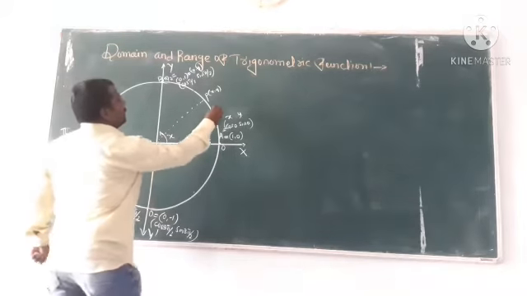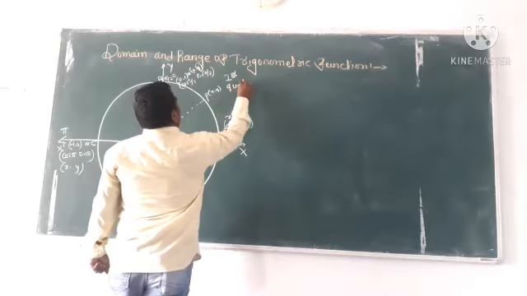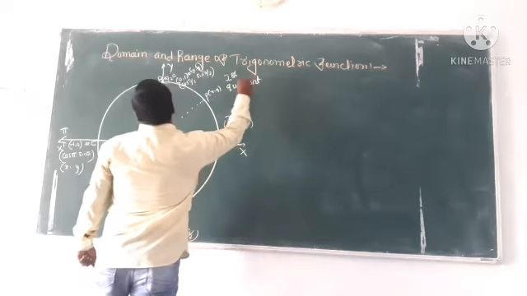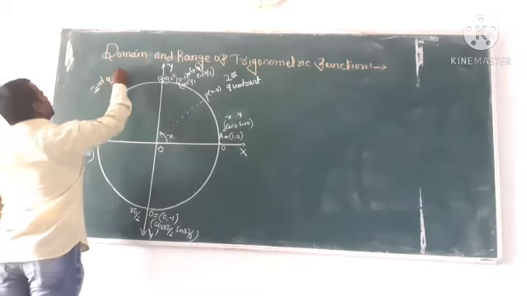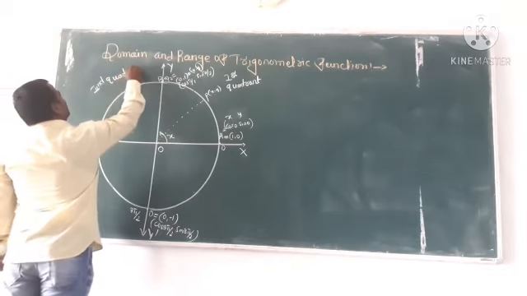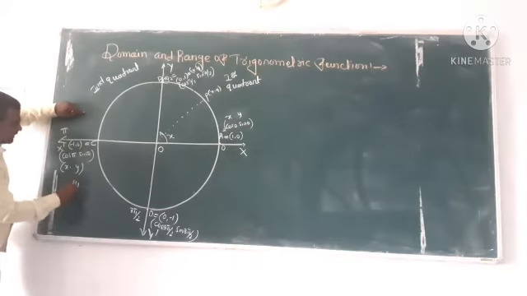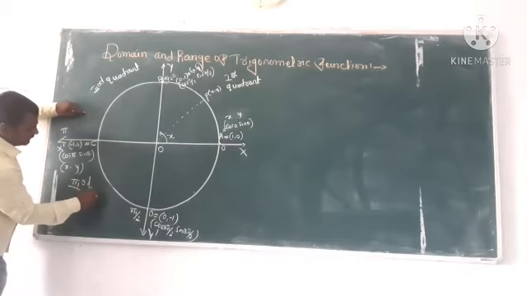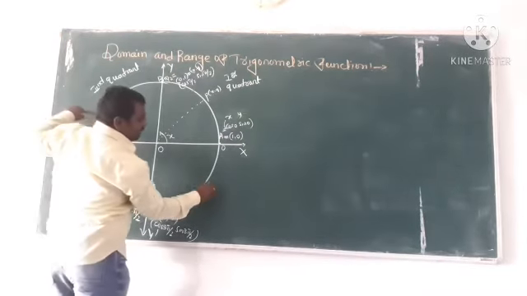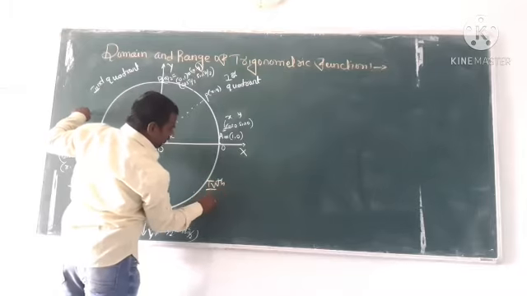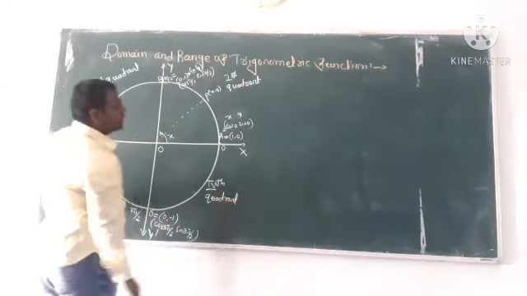So this is the first quadrant, right? Let us consider the second quadrant. This is the third quadrant, right? And this is the fourth quadrant, right?